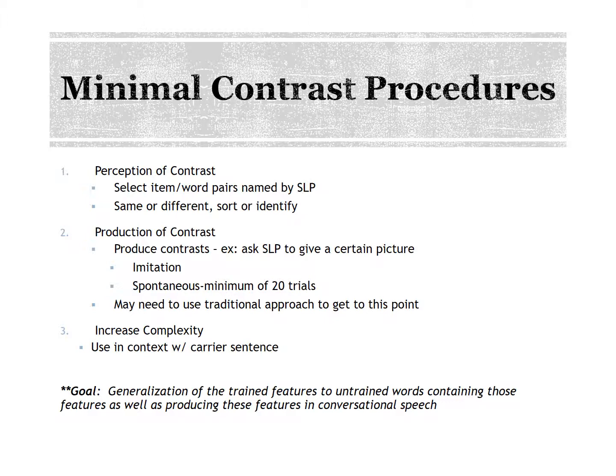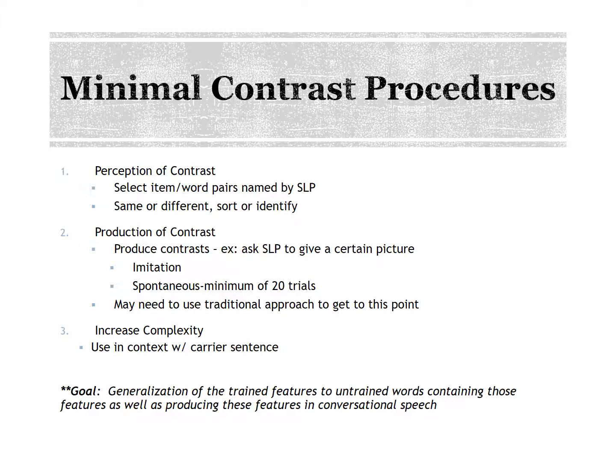So here you increase the complexity of that response level from word, where we are at with that first and second phase, to now a carrier type sentence, such as I have a, and then whatever the picture may be. So I have a son, or I see a son.